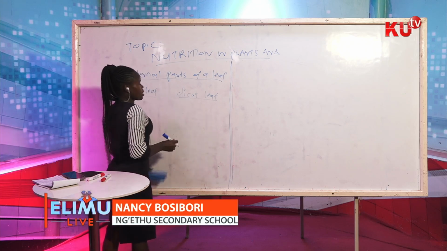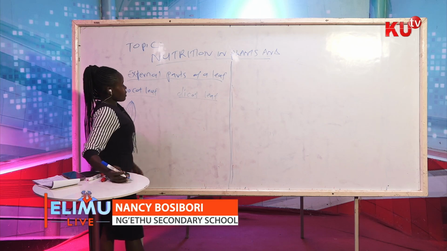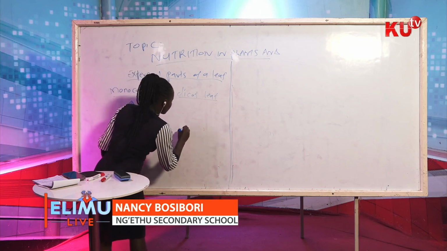And the external structure of a dicot leaf looks like this.